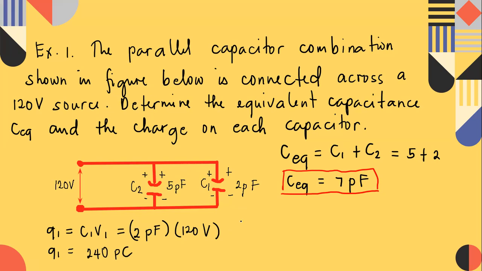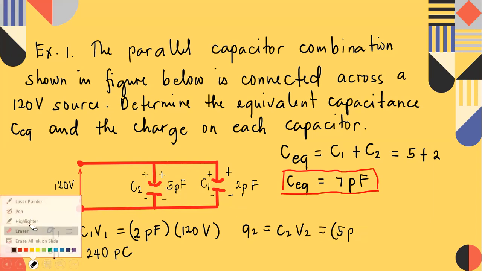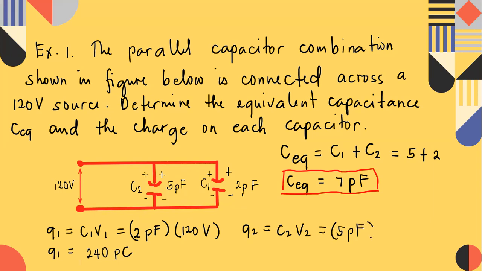Now, for Q2, we have Q2 is equal to C2 V2, where C2 is equal to 5 picofarad times V2, which is 120 volts. Q2 is equal to 600 picocoulombs.